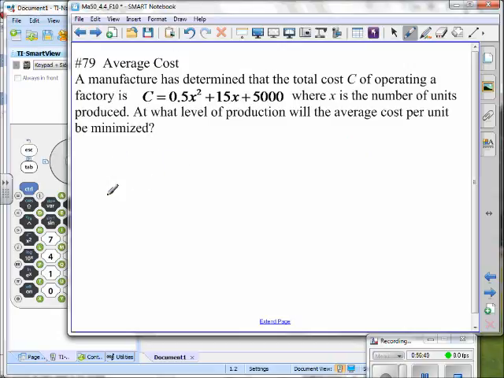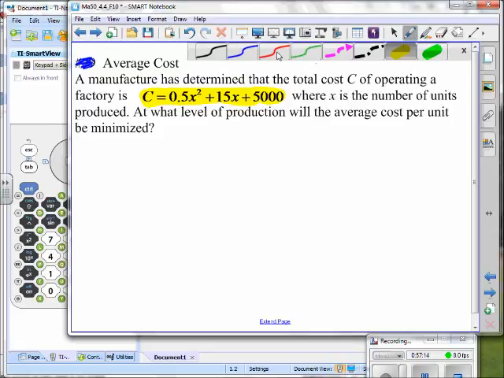Average cost. Again, I'm not sure if it's 79 or whatever, but average cost. The manufacturer determined that the total cost of operating a factory is this. Okay, so the total cost is this. Now, I have a business calc class, and hopefully they're really up on all this business terminology, but maybe you have not talked about business terms in a while.